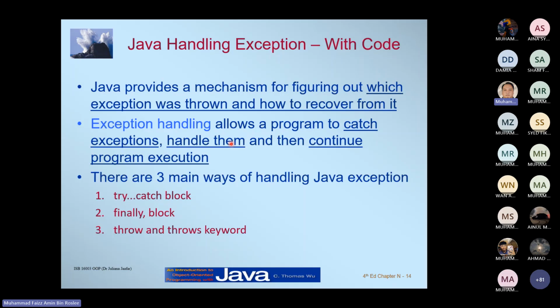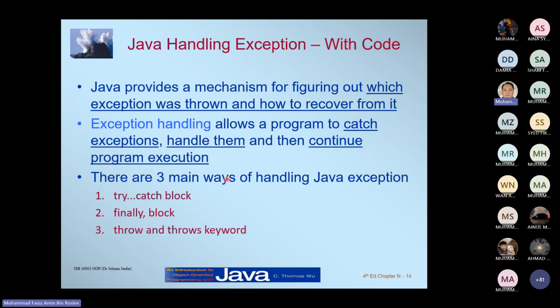Remember the try catch words, right? You have a try block and a catch block. Within the try block, if anything happens, it will go to the catch block. In the catch block, you can handle the error, as you will see in the example later, and then continue program execution.